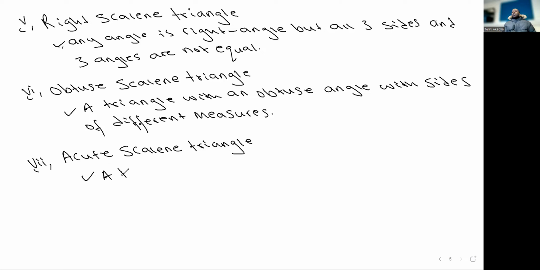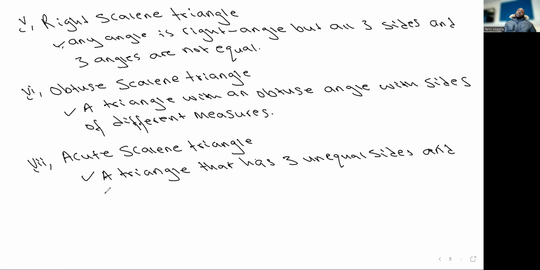So this is a triangle that has three unequal sides because it's scalene, and three acute angles. Okay, we have obtuse scalene and we have acute scalene triangle. So that will be that for that.